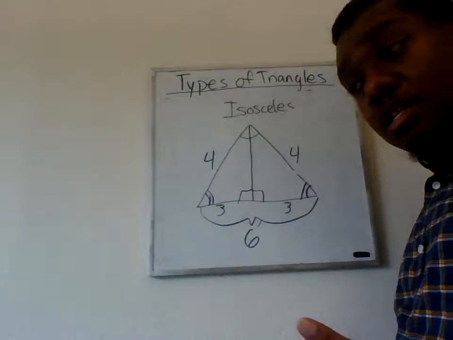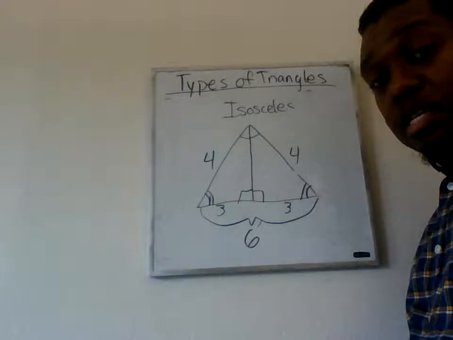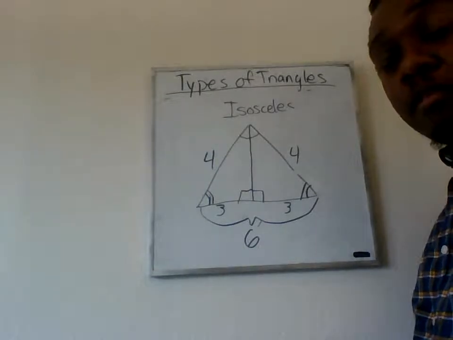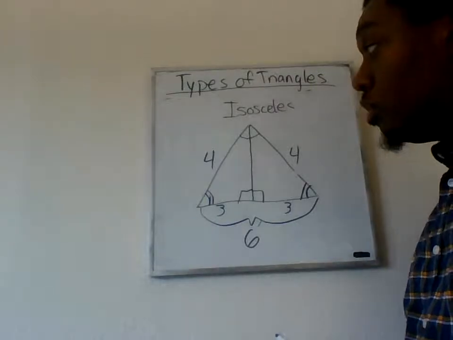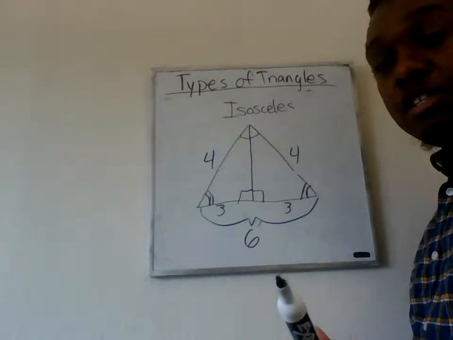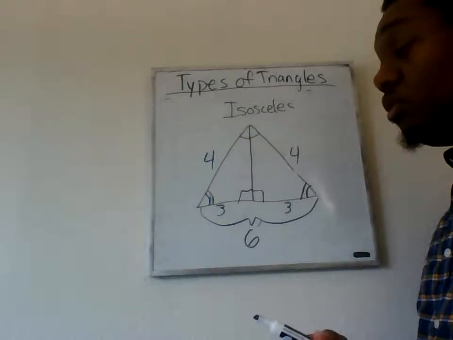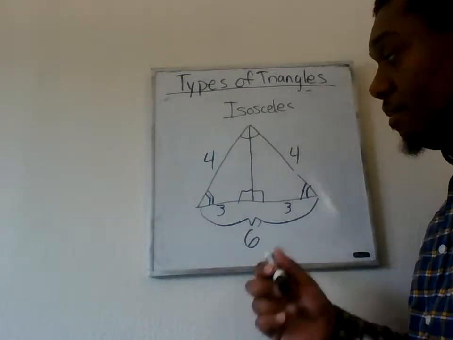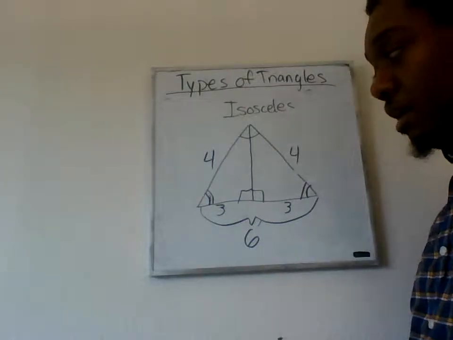So what does that tell us? Well, that tells us that anytime you have an isosceles triangle, if you draw the altitude from the vertex angle to the base, you can create two congruent or equal size and measurement right triangles. And therefore, you can do all kinds of things with it. You can use the properties of right triangles to find missing sides and other things like that. And we'll see some examples of that later on.